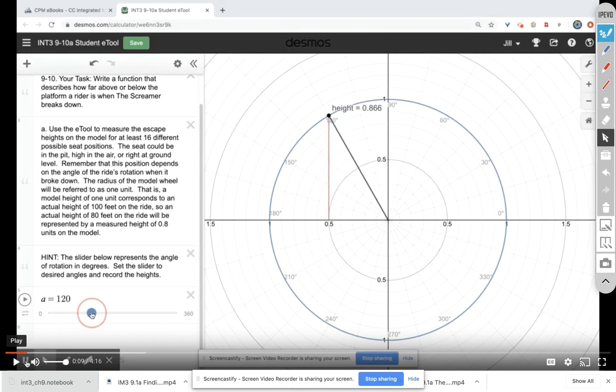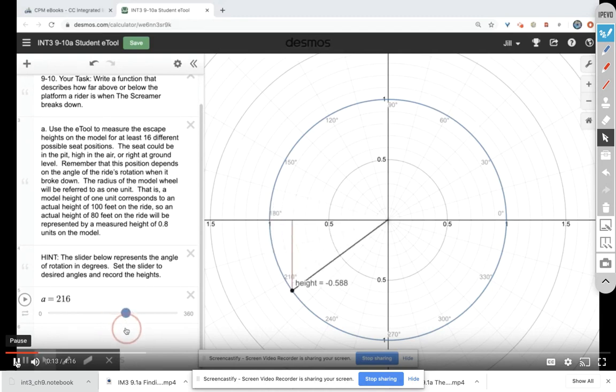Then it's going to go back down. At 120 degrees, going all the way around from here, the height is about 87 feet, 0.866. So that rounds to about 0.87, which is about 87 feet high up in the air. Then it's going to go back down, eventually get to a height of 0, because at 180 degrees we have a height of 0.